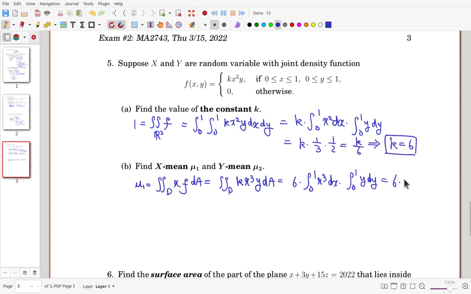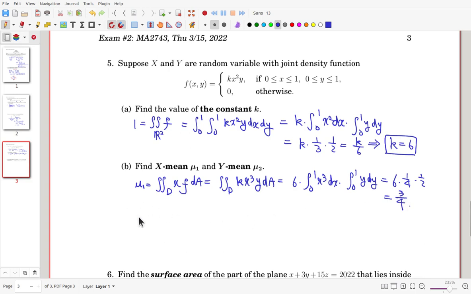From here, 6 times 1/4 times 1/2. You can get it, right? And that is now 3/4, right?